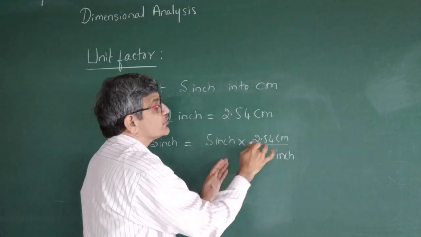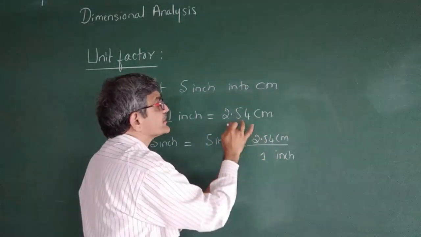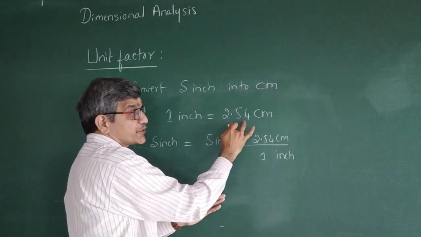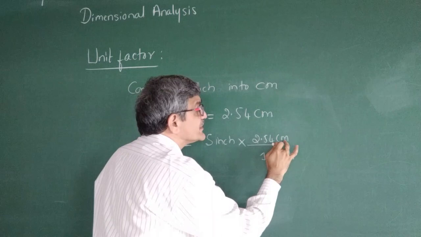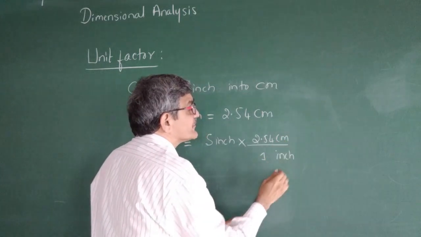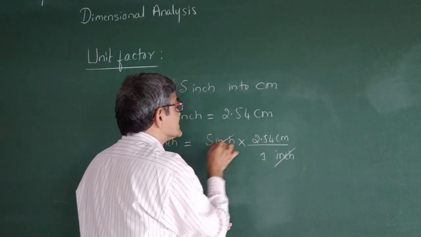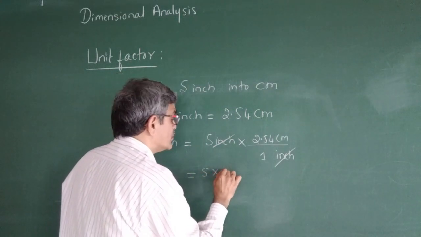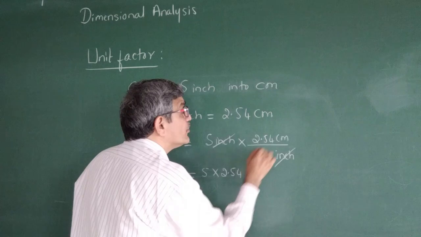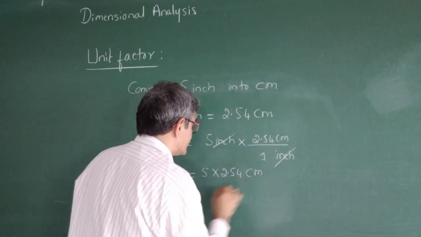Okay, so don't go by the number, you must get the relation. 1 inch is 2.54 centimeter. So therefore 2.54 centimeter divided by 1 inch is nothing but a unit factor. So now what happens? Inch cancels. So this is nothing but 5 into 2.54 centimeter.